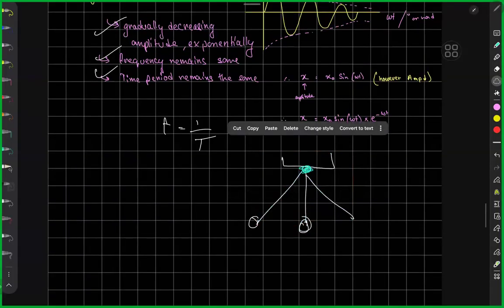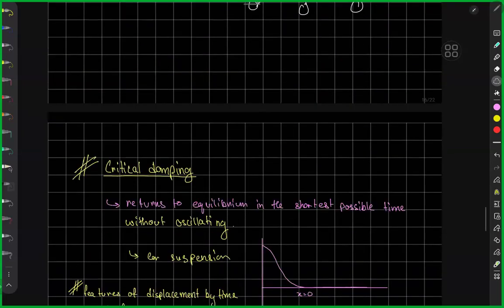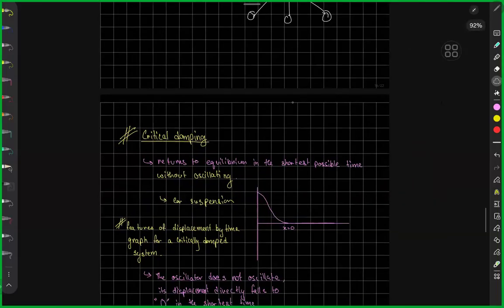That is the critical damping. It is simply the damping over there that causes this motion. So basically, we have a system where it is critically damped, and it comes back to the equilibrium position, that is x equals 0, in the fastest possible time, as fast as possible. Okay?